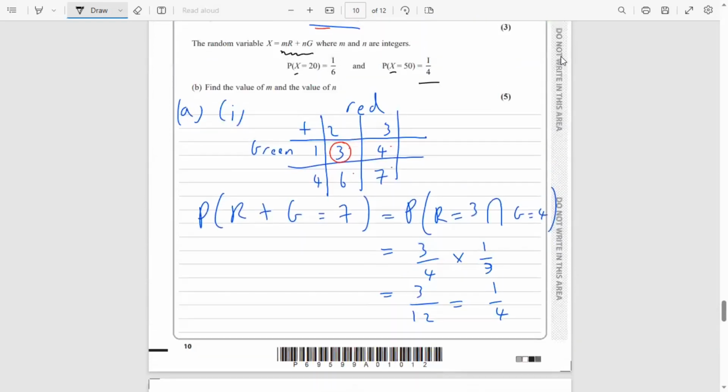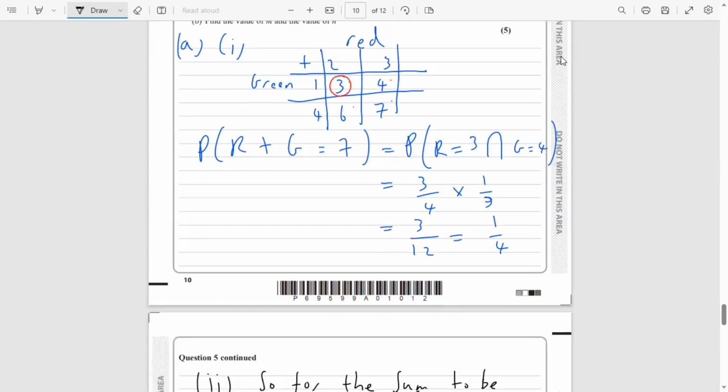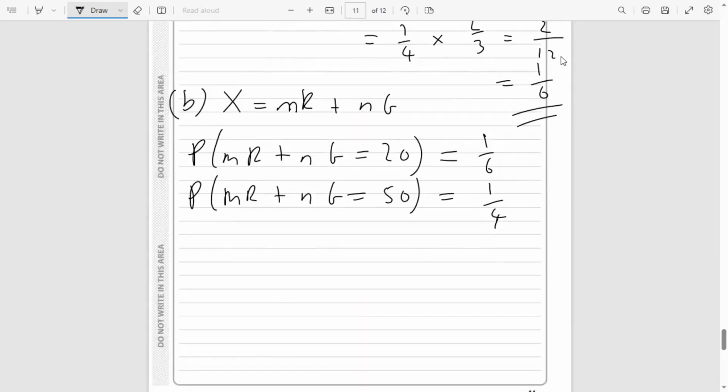So we know from part A that the probability that the red spinner gives us the number 3, as we can see here, and the green spinner gives us 4 was 1/4. But that probability is exactly the same as this probability here, this probability of MR plus NG being 50. So what I'm going to do is just write a little sentence here.